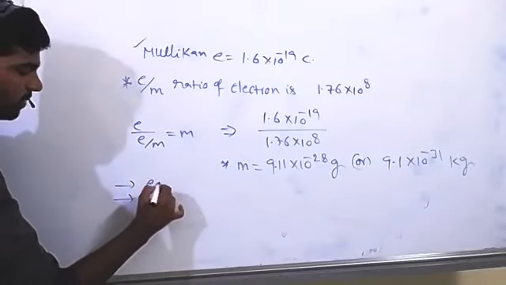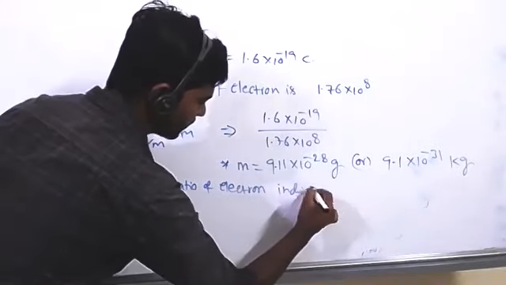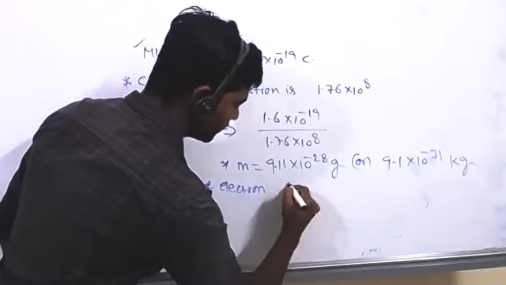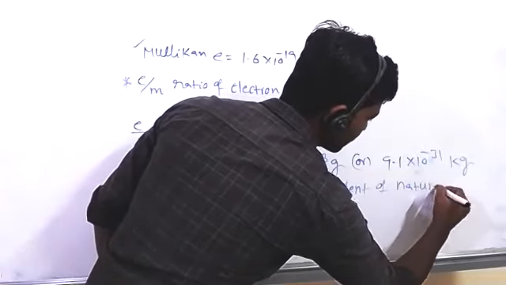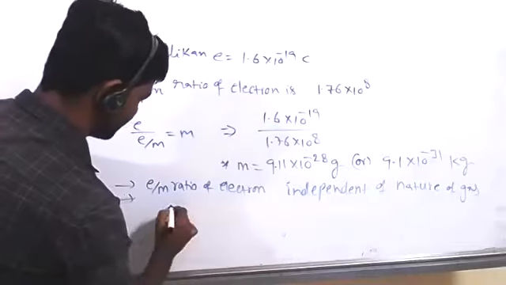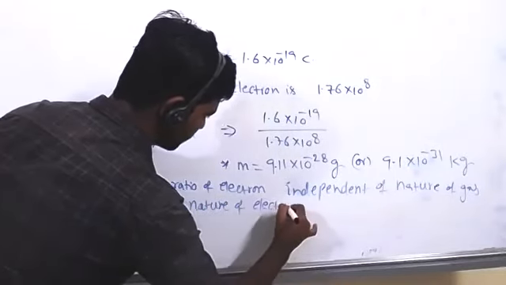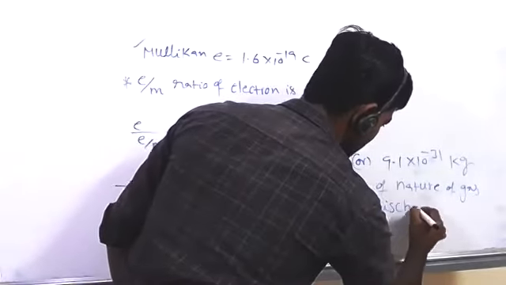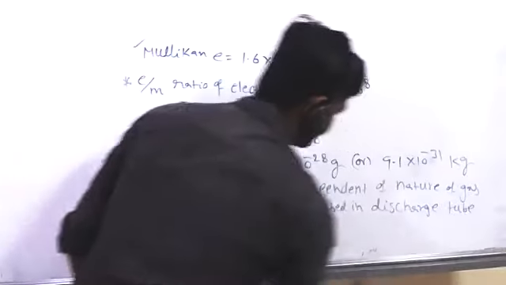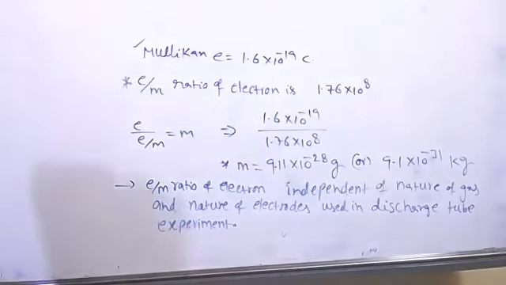Important points here. The e/m ratio of electron is independent of the nature of gas and nature of electrodes used in the discharge tube experiment. Because electron is a universal particle, that's why it is independent.